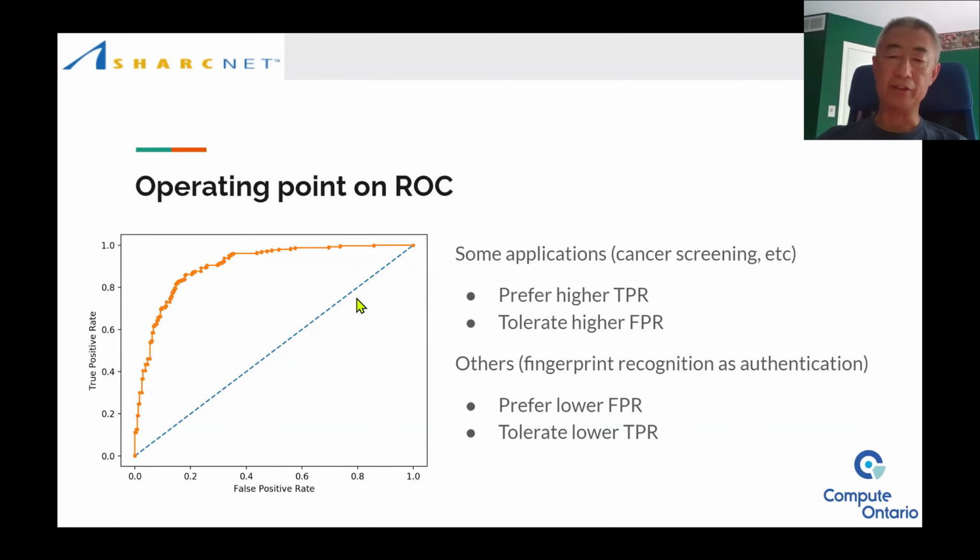That's something, for example, in cancer screening. But in some others, like fingerprint recognition as a way to log in, for example, into your cell phone, you can tolerate a few false positives. That means you try to log in to your own phone with your own fingerprint, and it rejects you 5 times until you get into your phone.